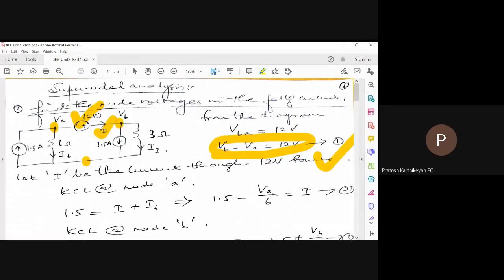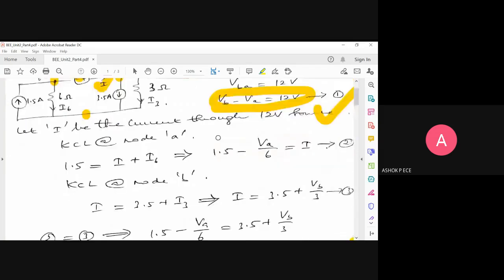This I will not be coming in solving the equations. But as I told you in the class, we always say the current is going to flow away from your battery, right? So I have assumed I is coming out of the positive terminal. That is why I have assumed the current I like this. You can even assume I the other way, you'll still get the same answer. Okay, sir. Thanks.